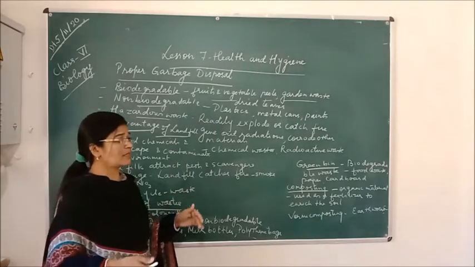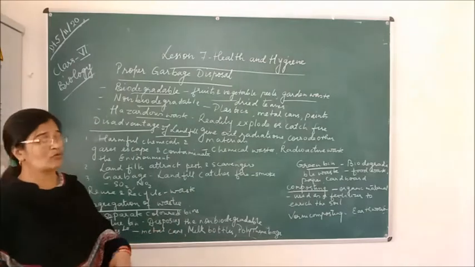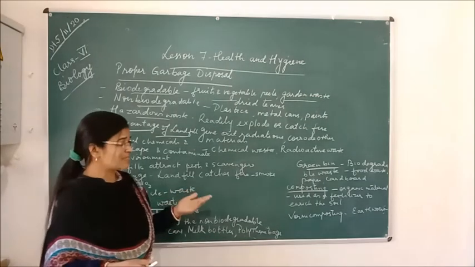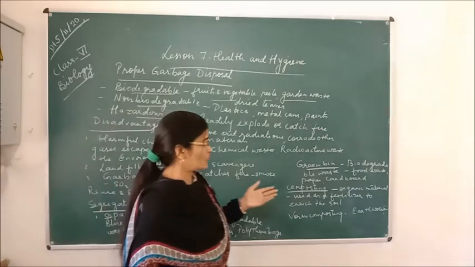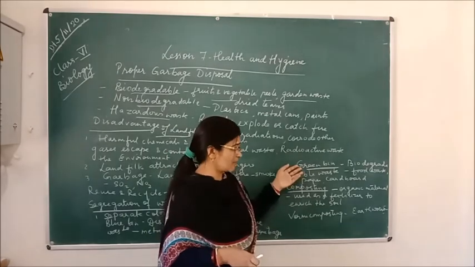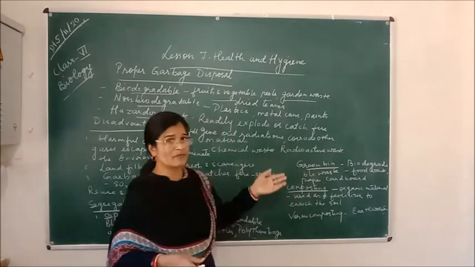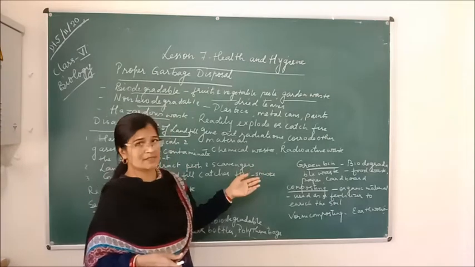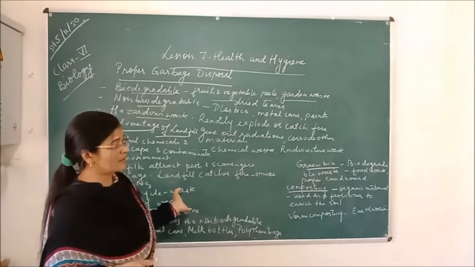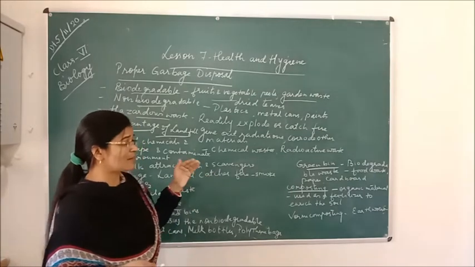And biodegradable waste, like leftover food, kitchen waste, peels of vegetables or cardboards, can be separated in the green bins. Green bins are meant only for biodegradable waste, and the blue bins are meant specially for non-biodegradable waste. So these are some of the methods.